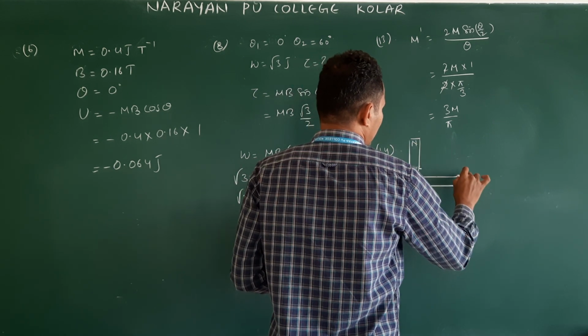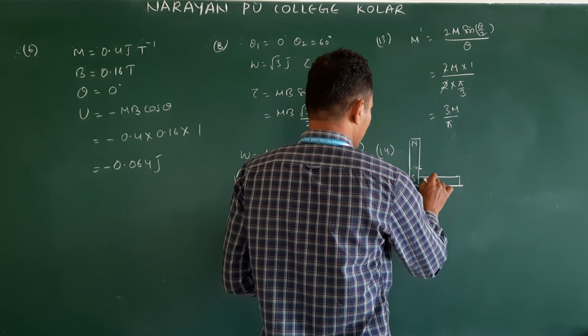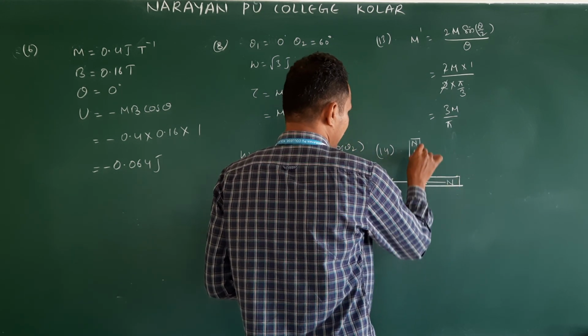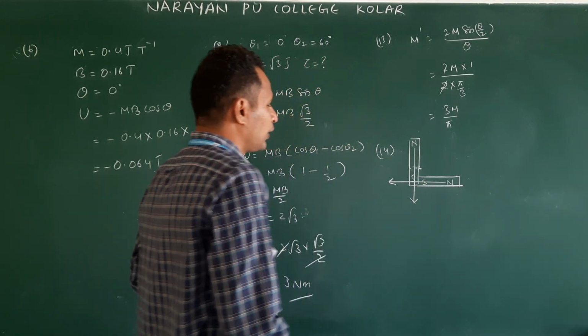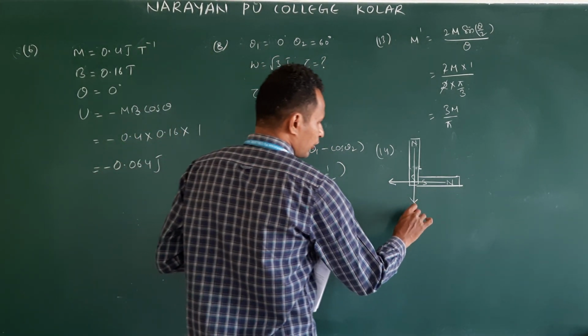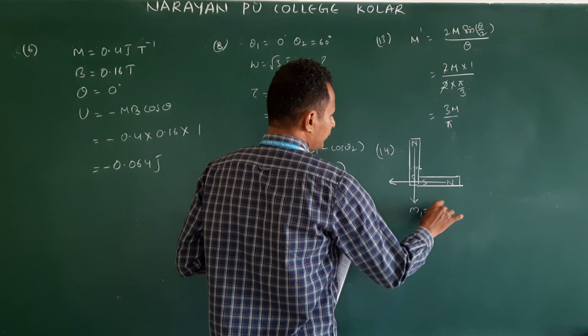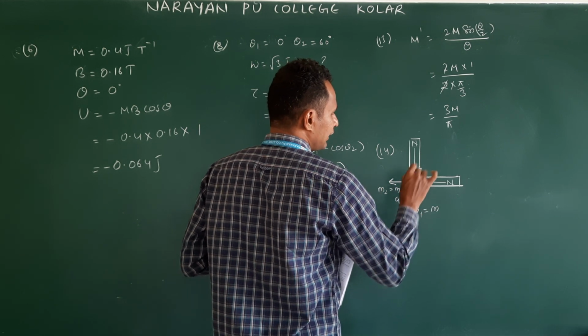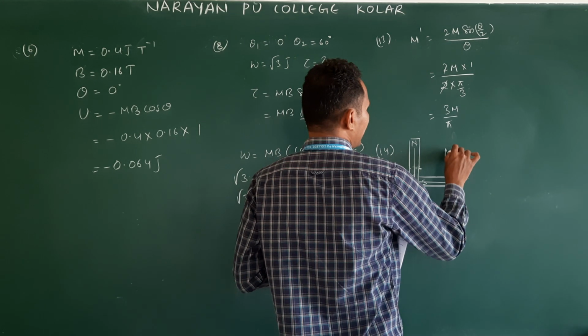The next one is placed like this: south, north. M1 is equal to M, M2 is equal to M. What is the angle between them? 90 degrees.